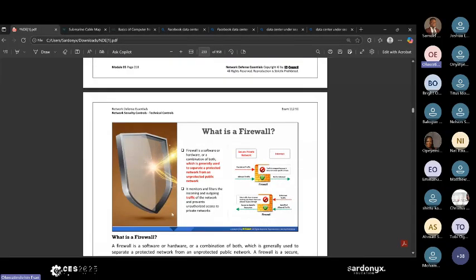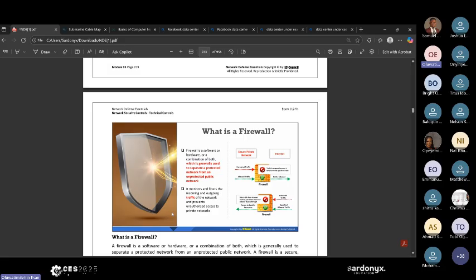What is a firewall? A firewall is software or hardware or a combination of both, which is generally used to separate a protected network from an unprotected public network. The major purpose of a firewall is to filter incoming and outgoing traffic from unauthorized access.